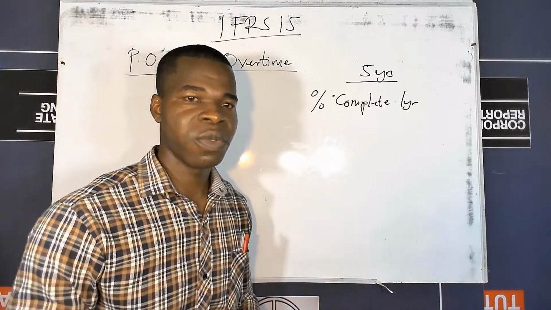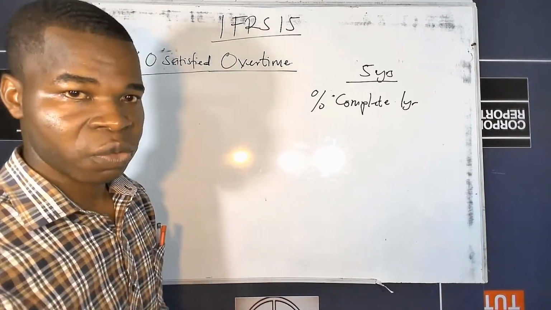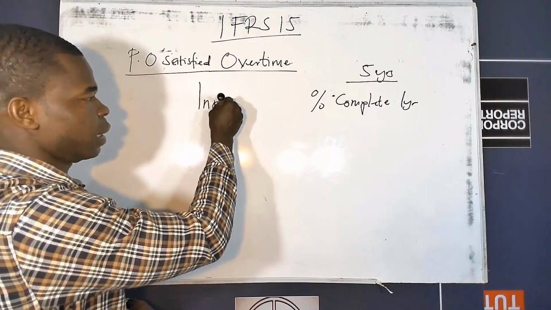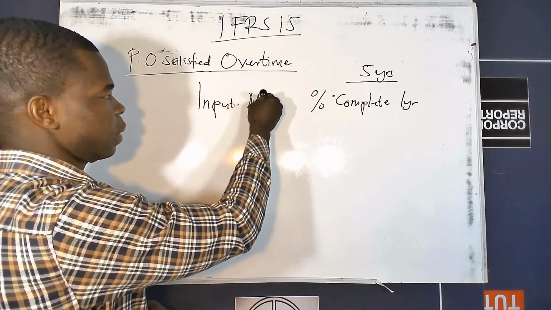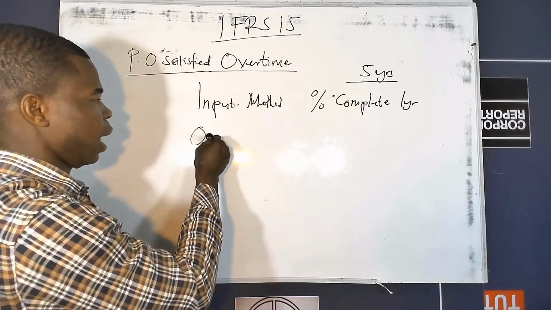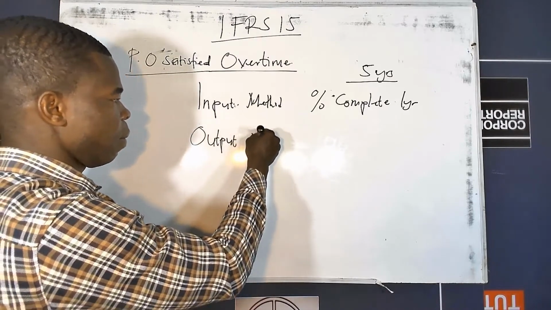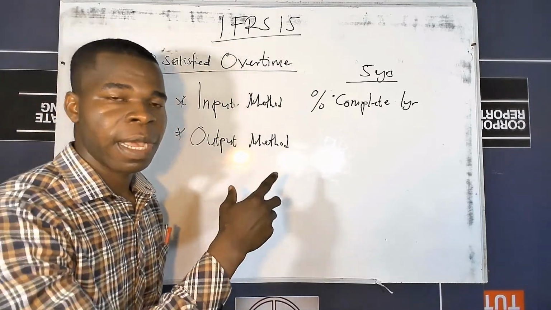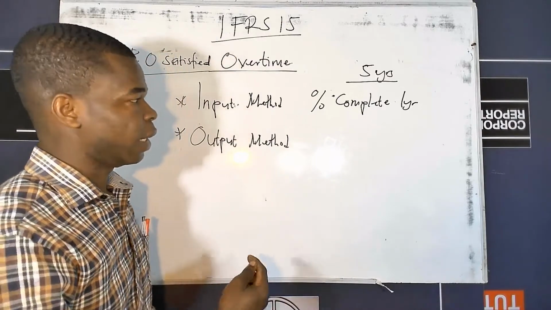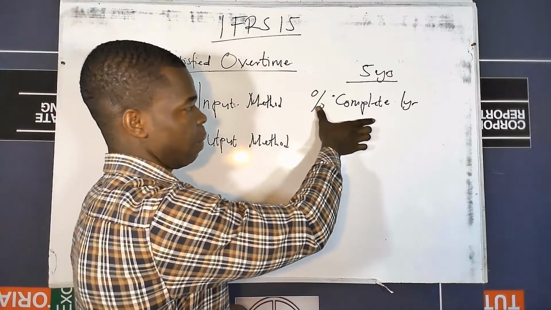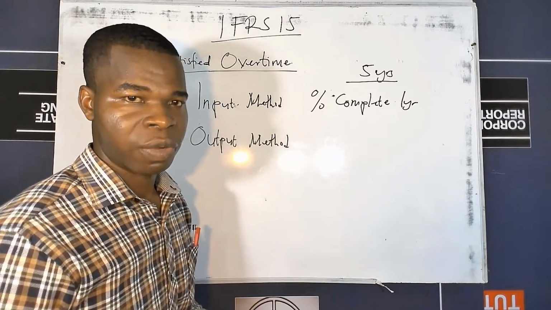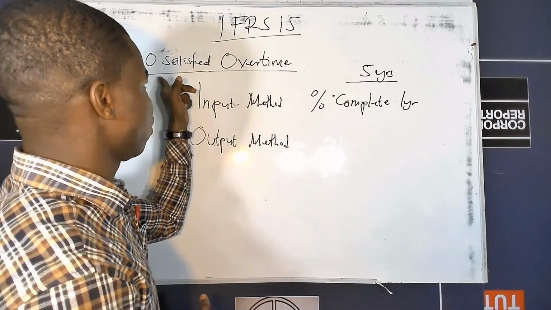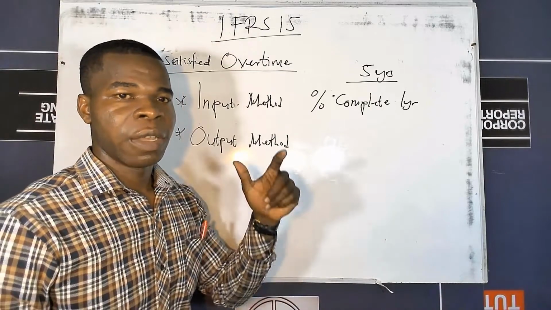The standard prescribes two methods of doing this. It's either we use the input method, or we use the output method. Now remember, these methods are just there to help us in ascertaining the percentage of progress of a particular contract or service that we are providing to a customer, where the performance obligation is satisfied over time.